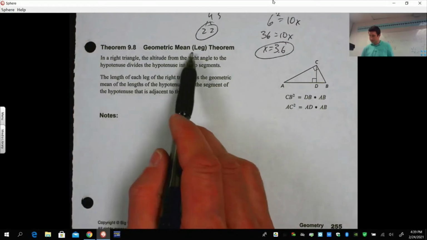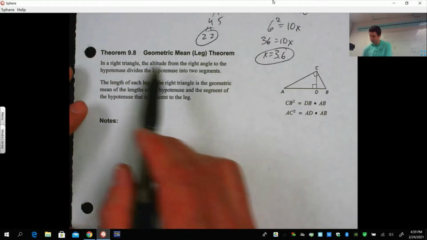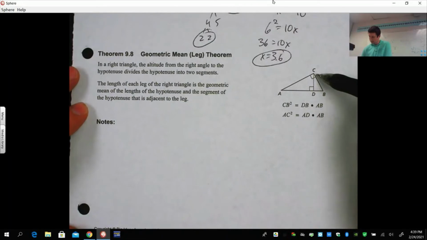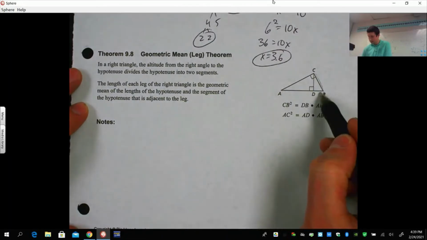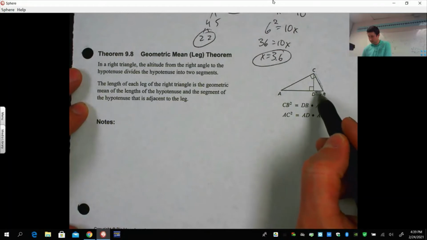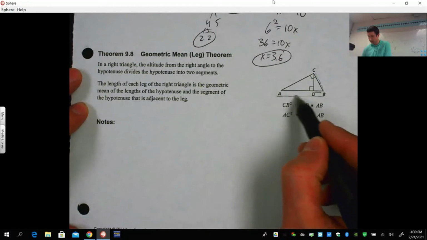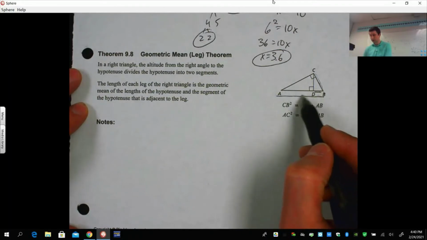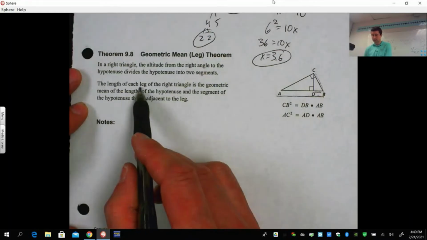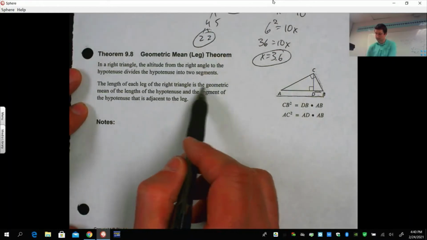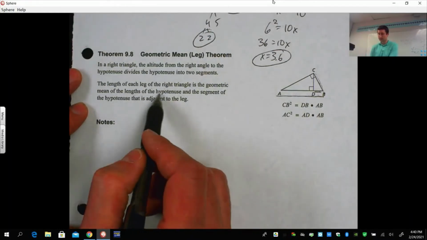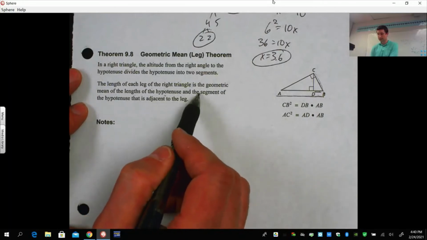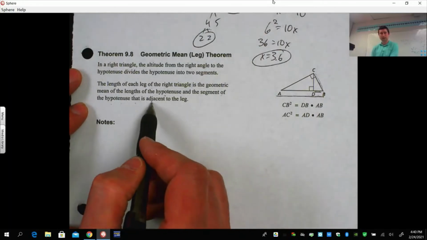So geometric mean, the leg theorem. Okay? So CB, let's talk through this. CB squared equals DB, its corresponding side right there, times AB, the entire side. So CB is the geometric mean of its closer part and its total length. The length of each leg of the right triangle is the geometric mean of the lengths of the hypotenuse and the segment of the hypotenuse that is adjacent to the leg.